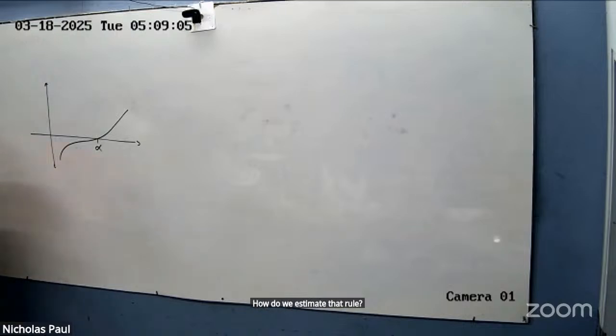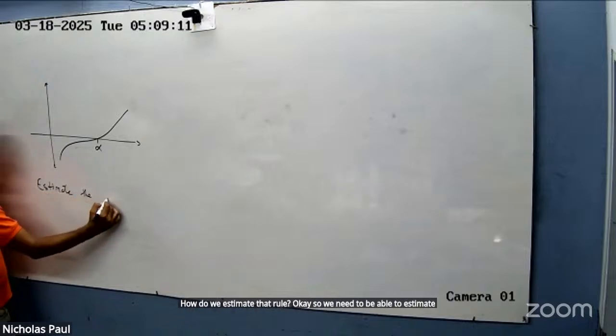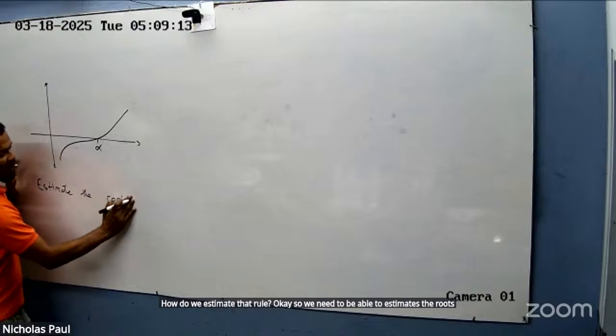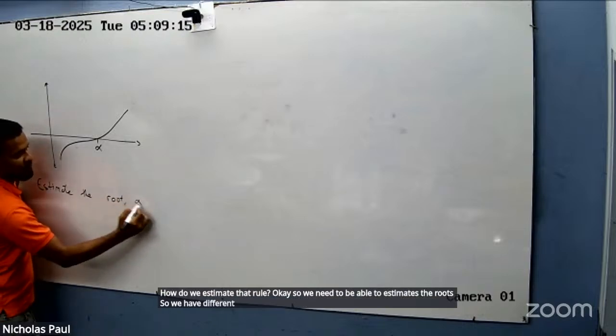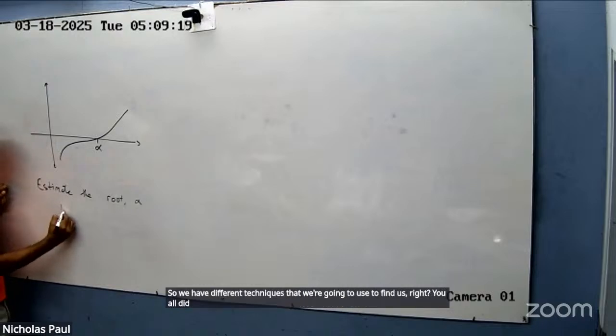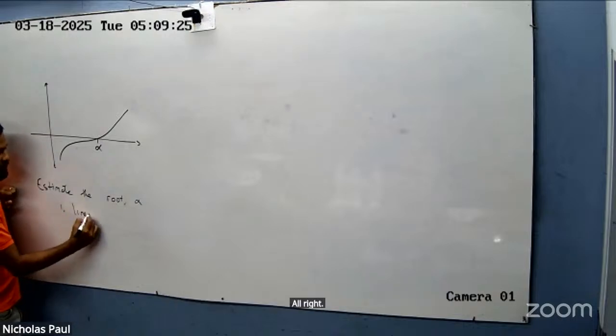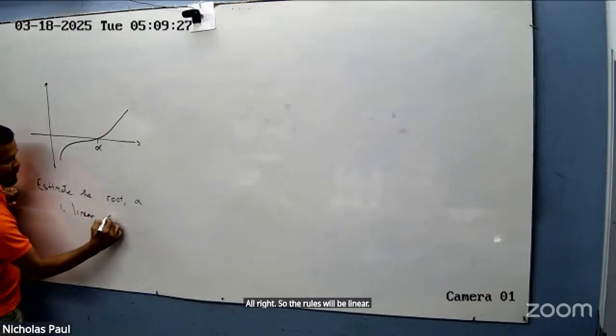We need to be able to estimate the root alpha. We have different techniques that we're going to use to find that. You all did it already. Tell me what some of the rules are. The techniques will be linear bisection.